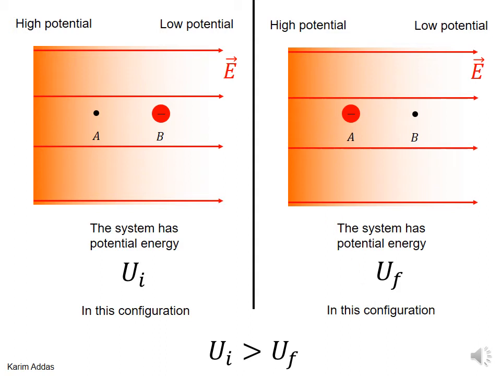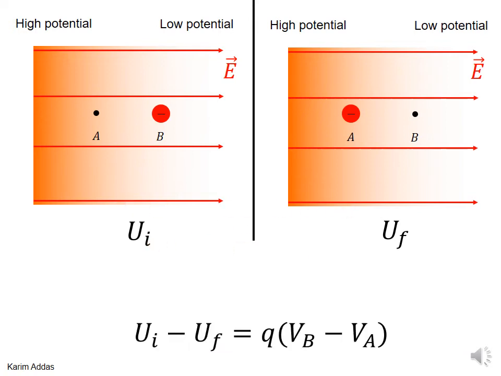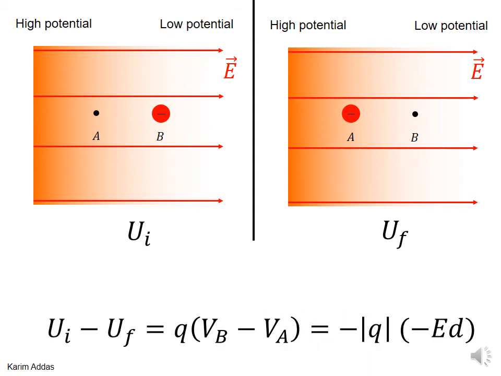for a negative charge. How can we get the difference in potential energy between these two different configurations? We can get the difference in potential energy by finding the difference in potential between the 2 points and multiplying by the charge. Now, the charge is a negative charge, so the Q, I can write it as minus magnitude of Q. The potential at B is lower than the potential at A. So that means that VB minus VA is a negative number.